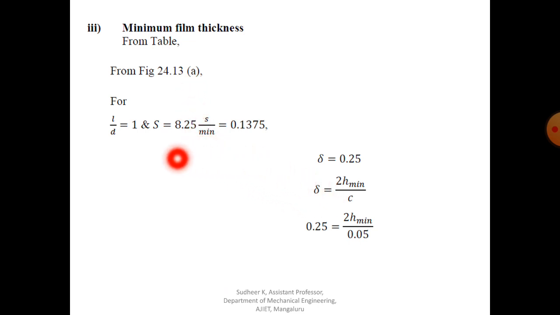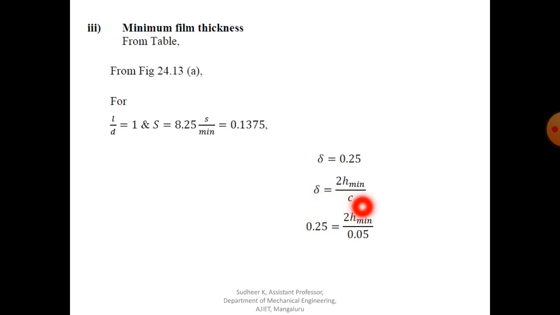Based on this, the L by D ratio and Sommerfeld number you have to use, because this chart you'll get from the Lingaya Data Book. So you have to use the Lingaya Data Book sheet to find the minimum film thickness. You can use Mahadevan also, but you have to use some other chart.